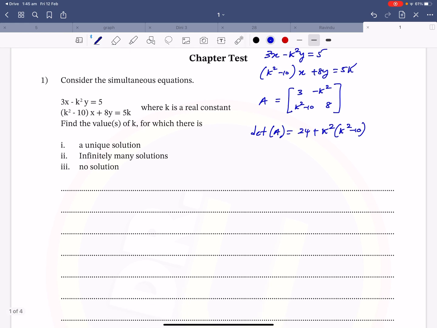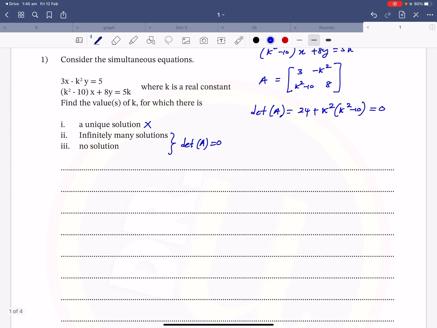Now the condition to have no solution or infinitely many solutions for these two is that the determinant should be equal to 0, not for the unique solution case. So accordingly we can set this to 0.